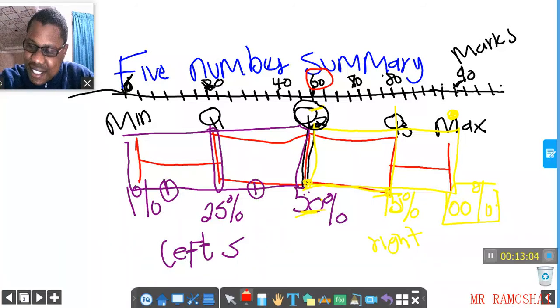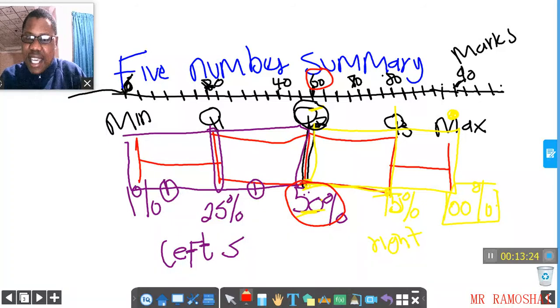It means in this test, 50% of the learners got less than 60, and we have 50% of the learners that got 60 marks or more. You know what I'm saying? So if there are 20 learners in class, it means 10 got below 60 and 10 got above 60.